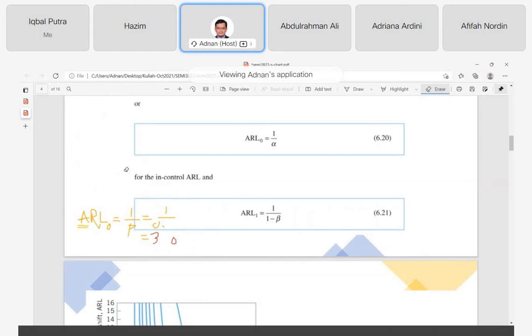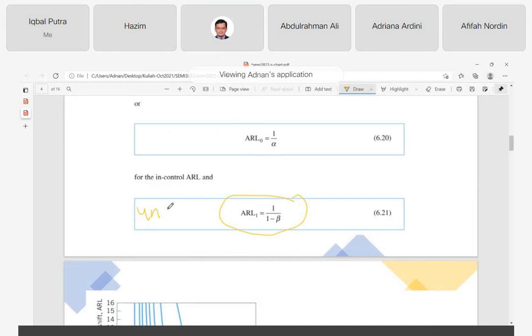For an unstable process, we use ARL1, which is 1 minus beta. A stable process is sometimes called in control; an unstable process we call an out of control process.